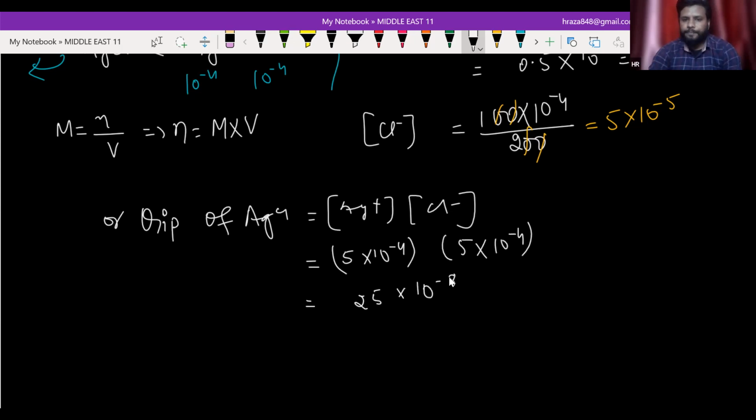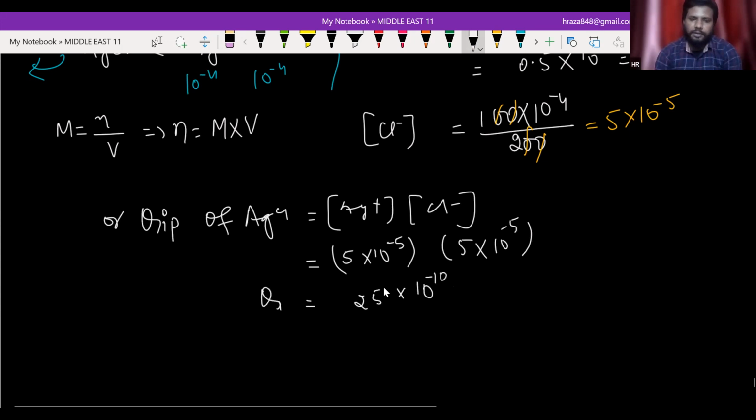Yes or no? Yes, sir. Sorry, I just wrote it wrong. The concentration is 10 raised to the power minus 5 now, if I'm taking 5. So it will be minus 5, and this will have a value equal to 10 raised to the power minus 10. This is the value of QIP.